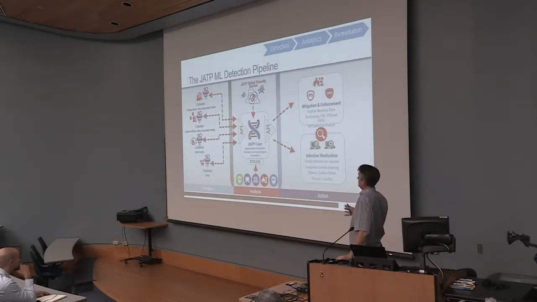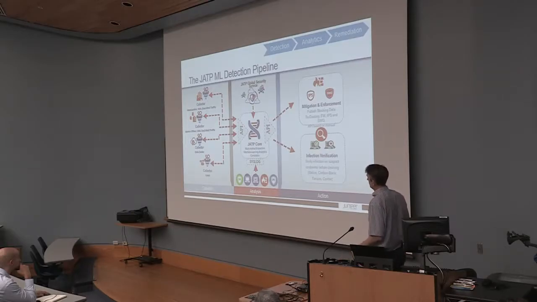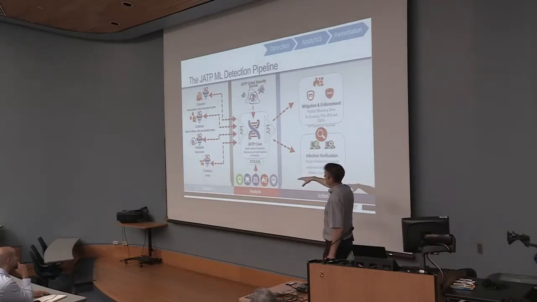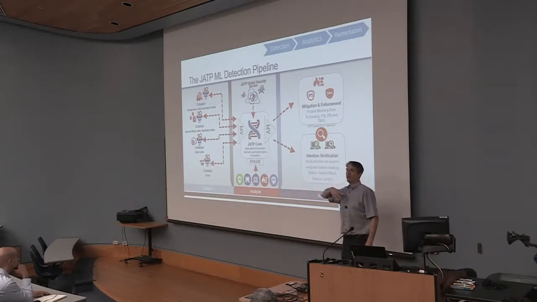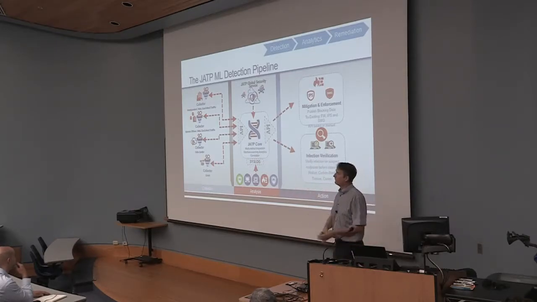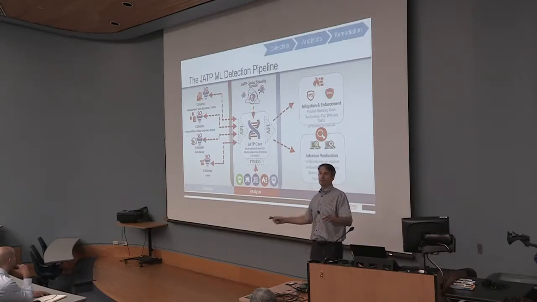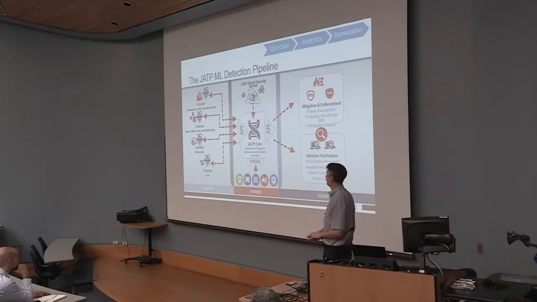And so what does the detection pipeline really look like for the JATP product? Well, we have a bunch of collectors that look at all these input vectors where malware can stream in, like email attachments, web, and east-west traffic within your organization, like SMB traffic, file flows going back and forth.